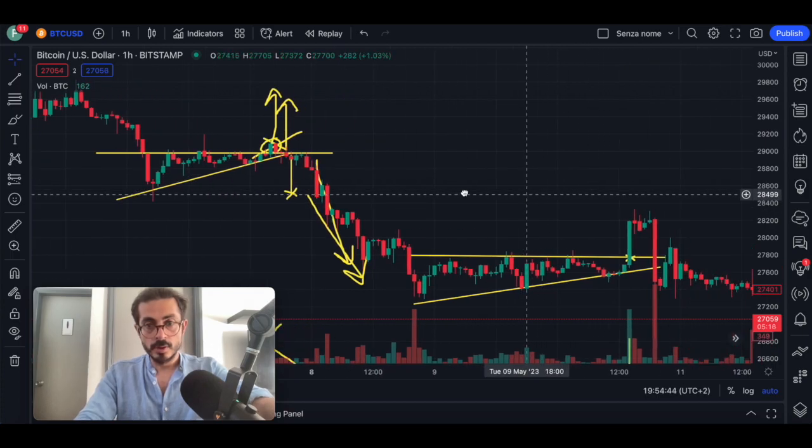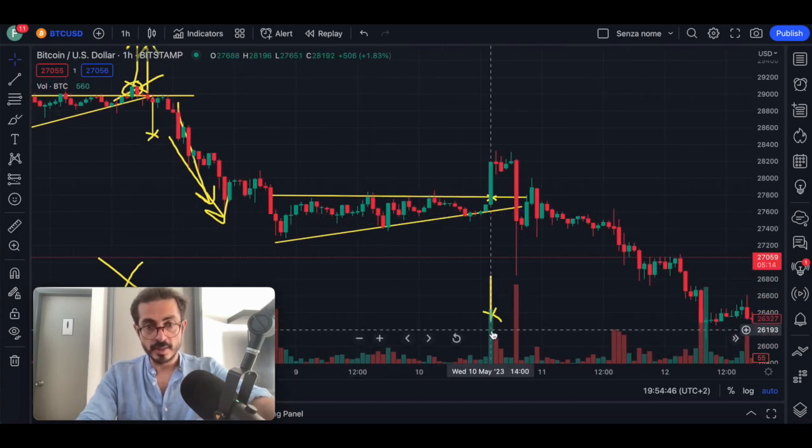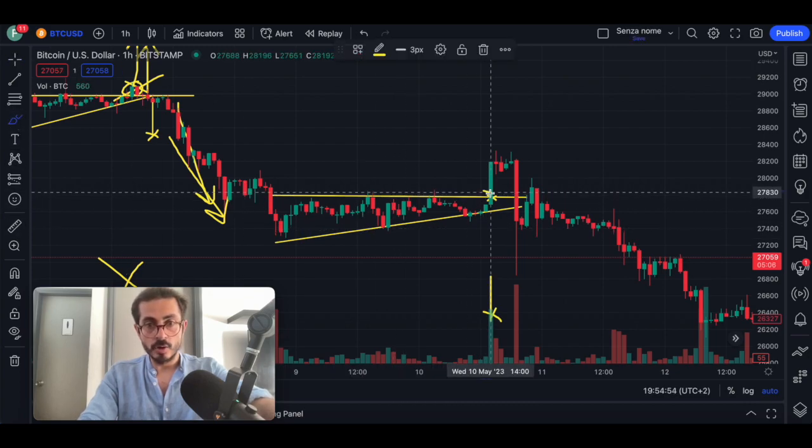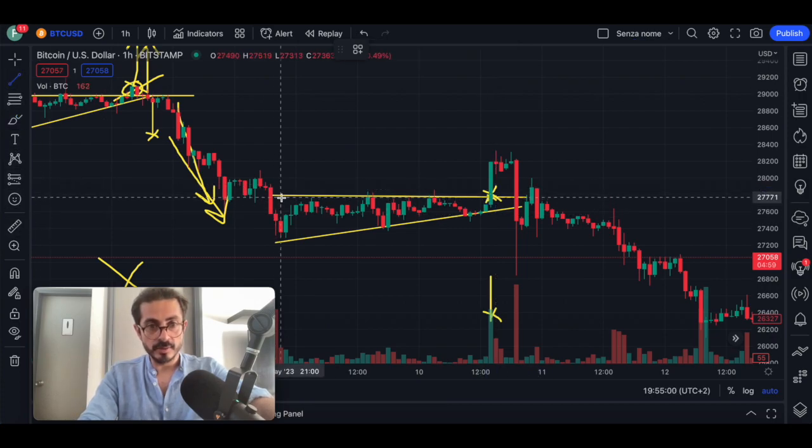Here instead, there was a volume spike, a breakout, and so this was a nice spot to enter a long position. And as you can see here, the technical target in this case was perfectly met.